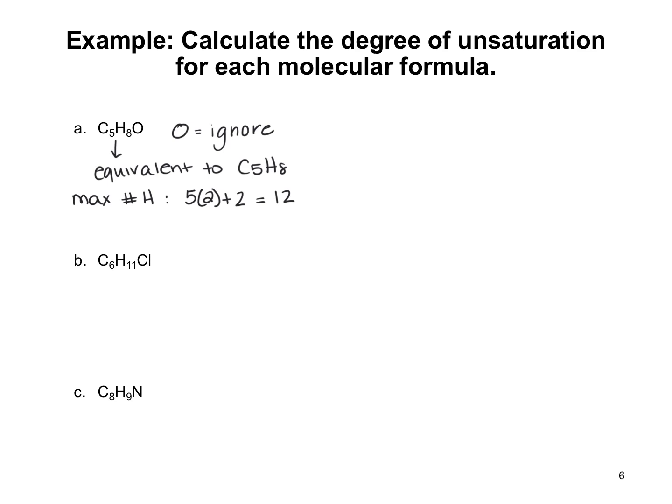So then let's figure out how many hydrogens have been taken away through unsaturation. We say 12 minus 8 equals 4. So we've got 4 hydrogens that are lacking.